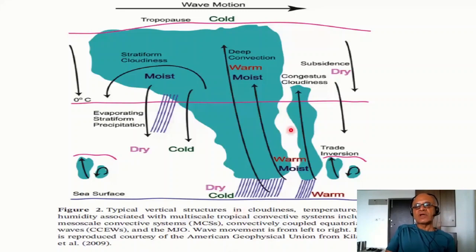So here is where the convection-moisture feedbacks, convection-radiation-dynamics feedback, and cloud radiative feedbacks all become critical.